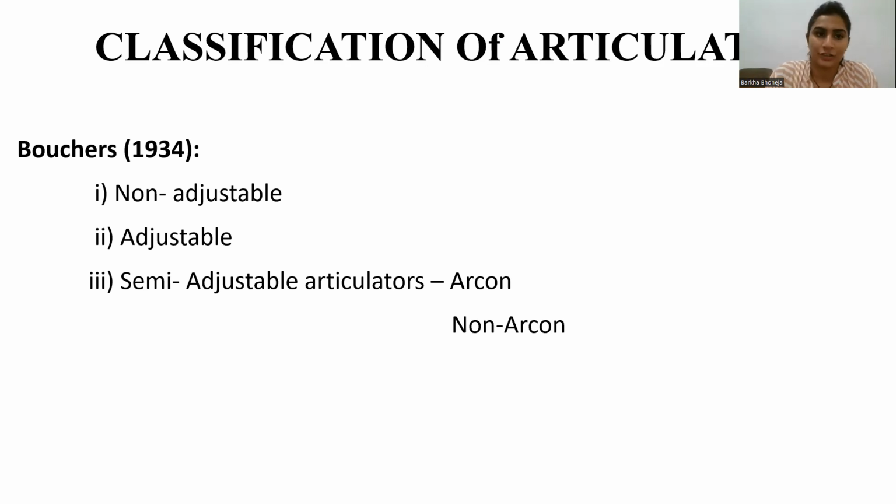In semi-adjustable, certain components can be adjusted, certain cannot. And non-adjustable articulators are made of average values, and their recordings cannot be adjusted.